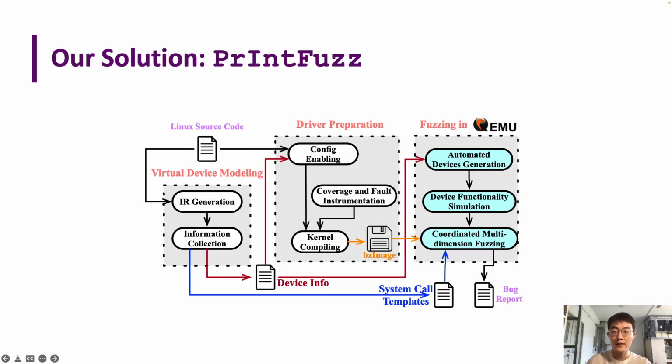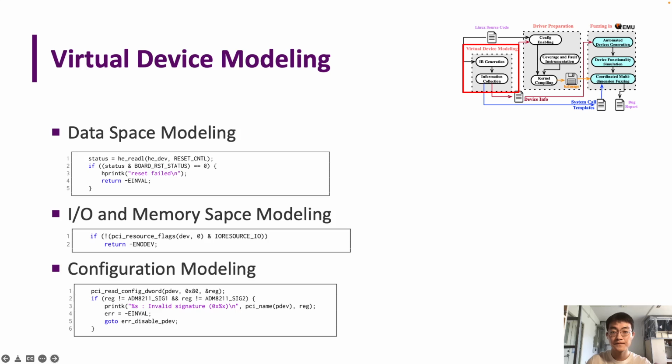Second, in the driver preparation phase, PrIntFuzz creates a specific configuration file to enable device drivers and instruments the kernel with fault injection. Third, in the fuzzing in QEMU phase, PrIntFuzz generates the devices based on basic templates and then performs coordinated multi-dimension fuzzing on device drivers. We will describe the workflow of PrIntFuzz in each of these three phases.